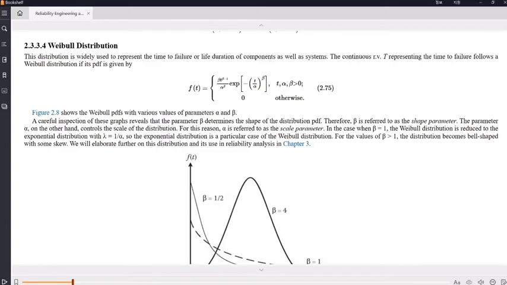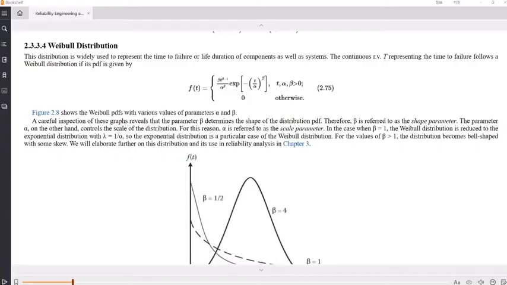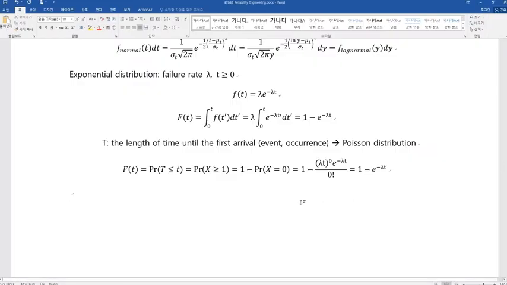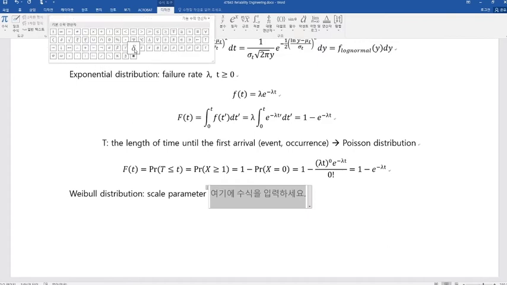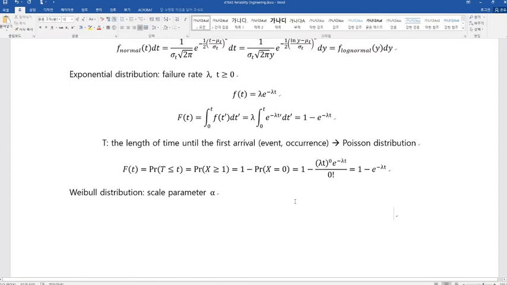Weibull distribution. Here we are going to introduce two parameters: scale parameter alpha, and another one, shape parameter beta.